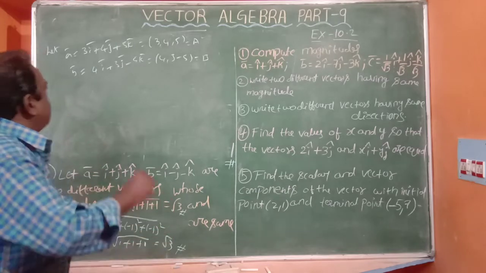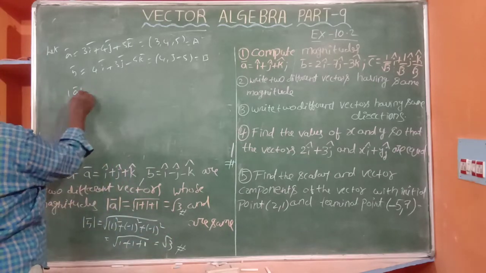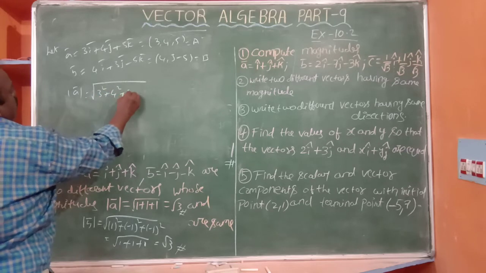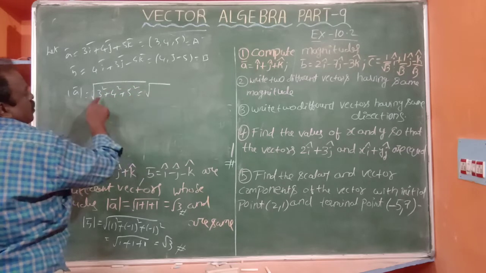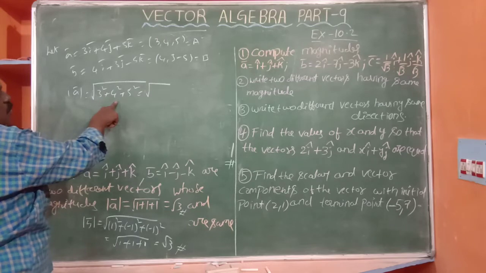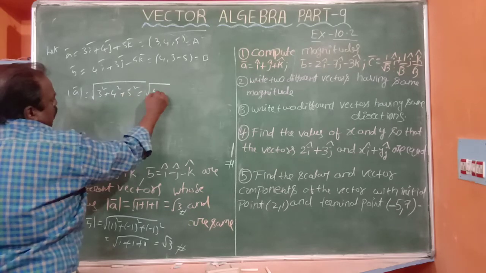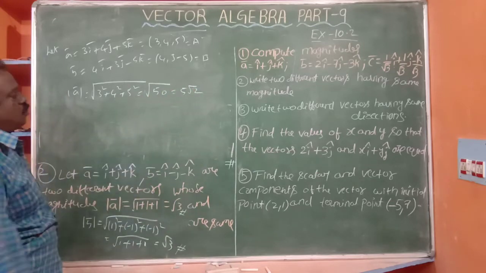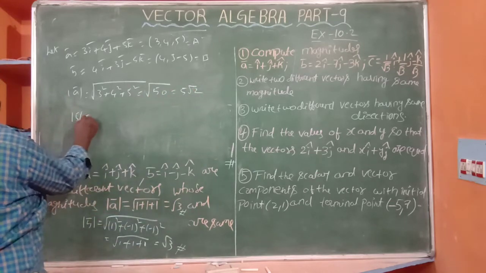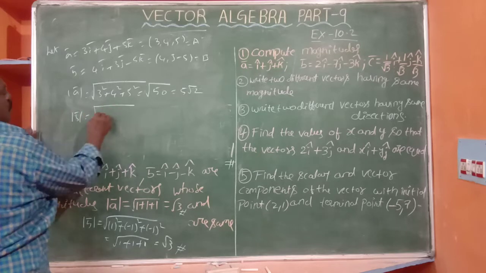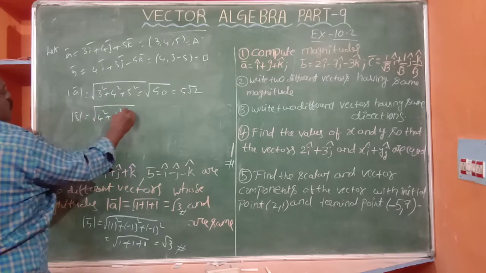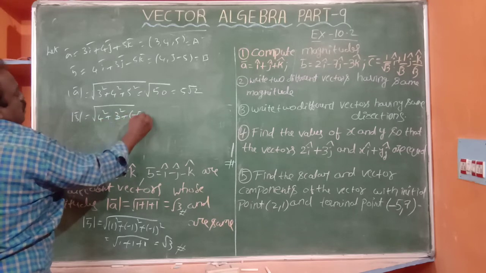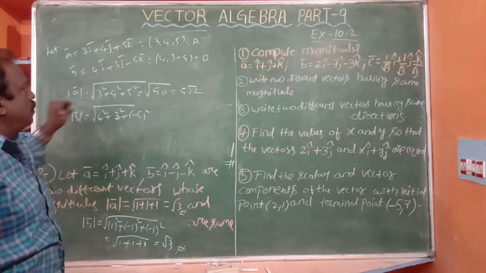But for the magnitude, you find modulus of A bar is root of 3 square plus 4 square plus 5 square, which is 9 plus 16, 25, plus 25, 50. It is 5 root 2. Whereas mod b bar is also 4 square plus 3 square plus minus 5 square. You observe me.